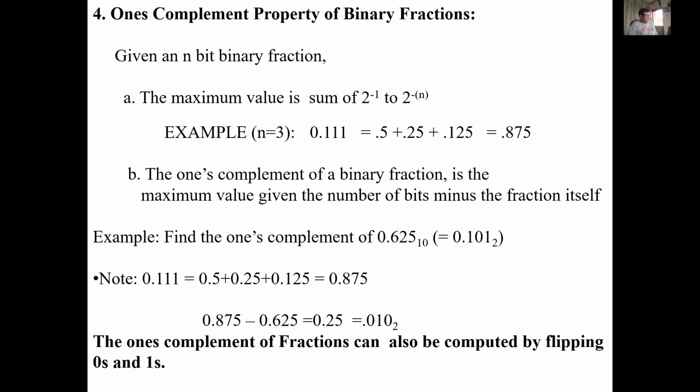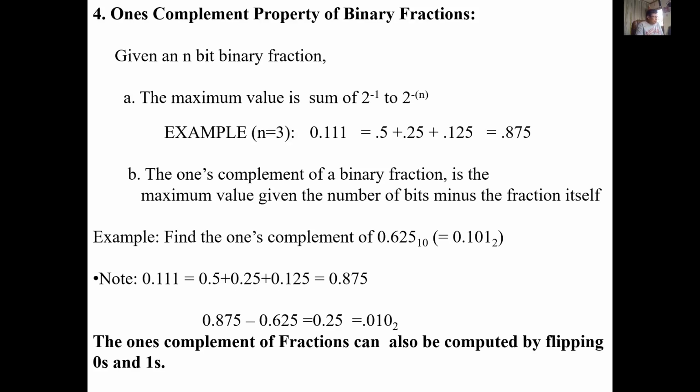For example, what is the ones complement of 0.101? For the first bit, we have 0.5. For the 0, we have 0.25. And for the 1, we have 0.125. The highest value here, if you have 0.111, is 0.875.